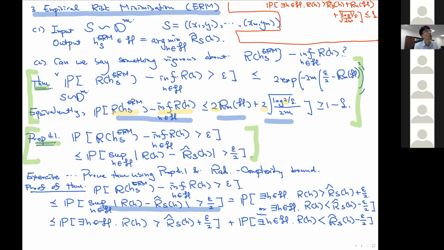But now if we take, we replace this whole thing by epsilon, let's say epsilon over 2, and then we write delta in terms of epsilon, and the form that we get is the following.